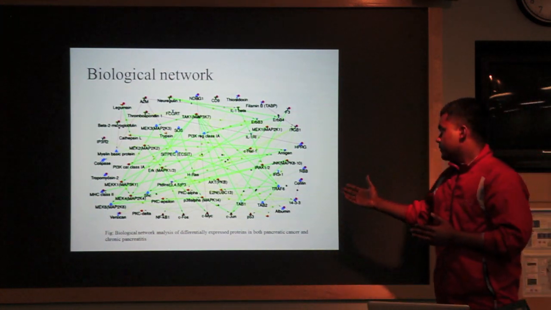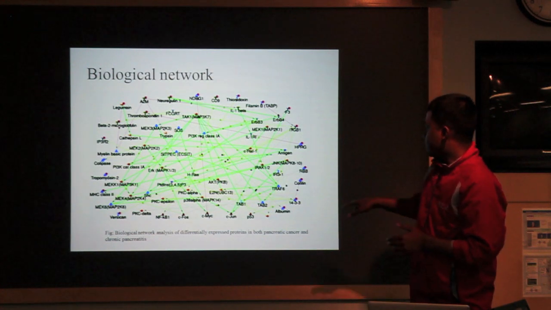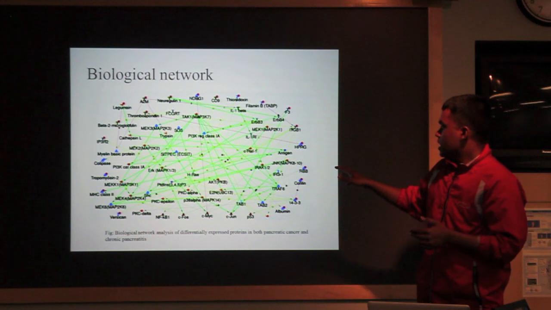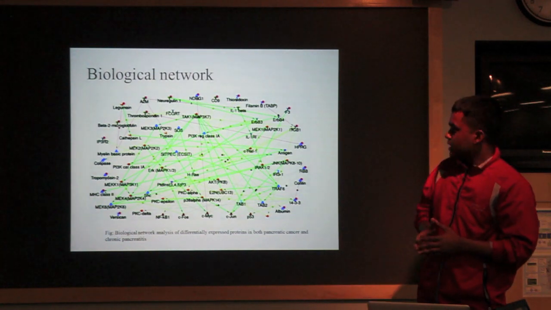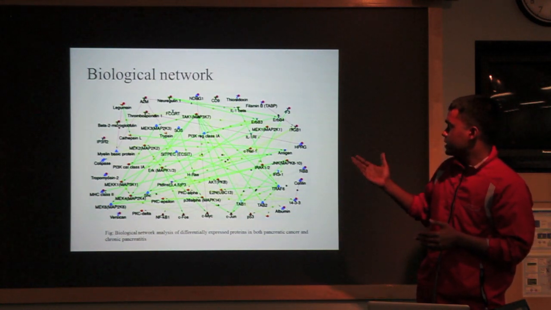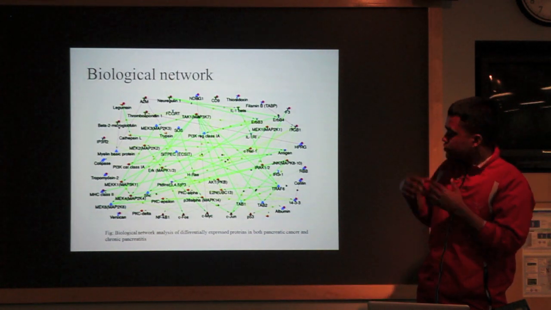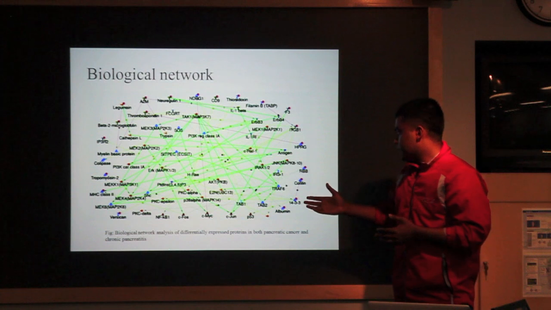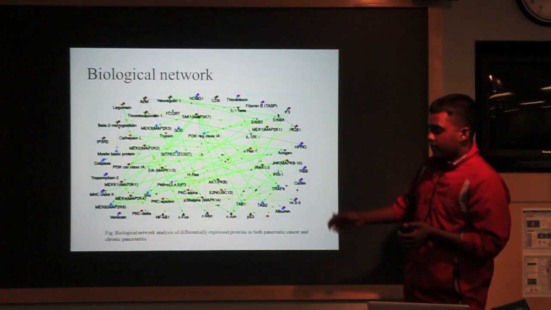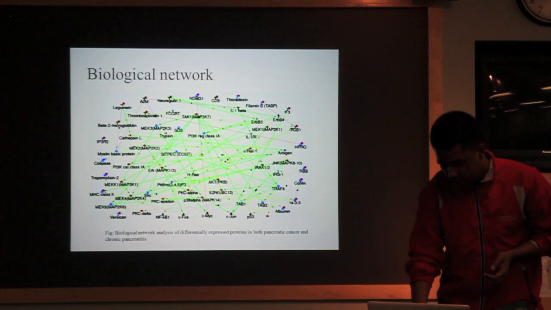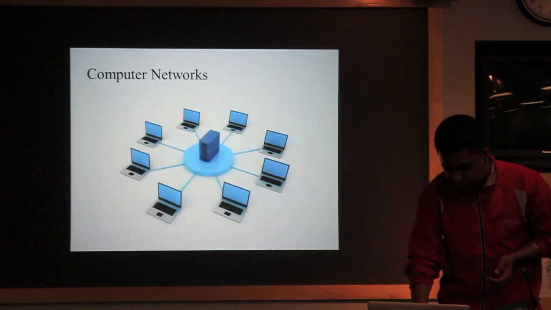So here you can see the network analysis of pancreatic cancer and chronic pancreatitis protein interactions. And from this quantitative analysis, the scientists figured out that the protein that is responsible for pancreatic cancer is also responsible for chronic pancreatitis. So we have a lot of applications of network visualizations in the biological sciences.